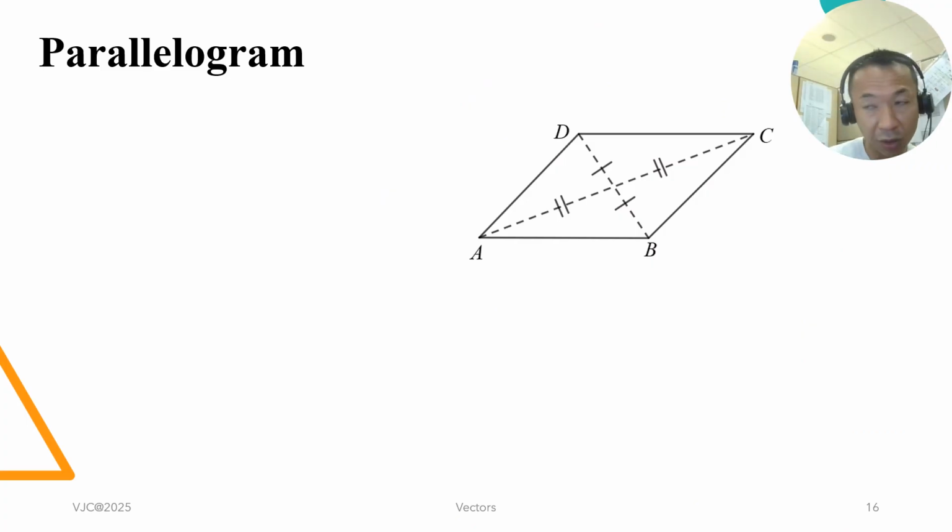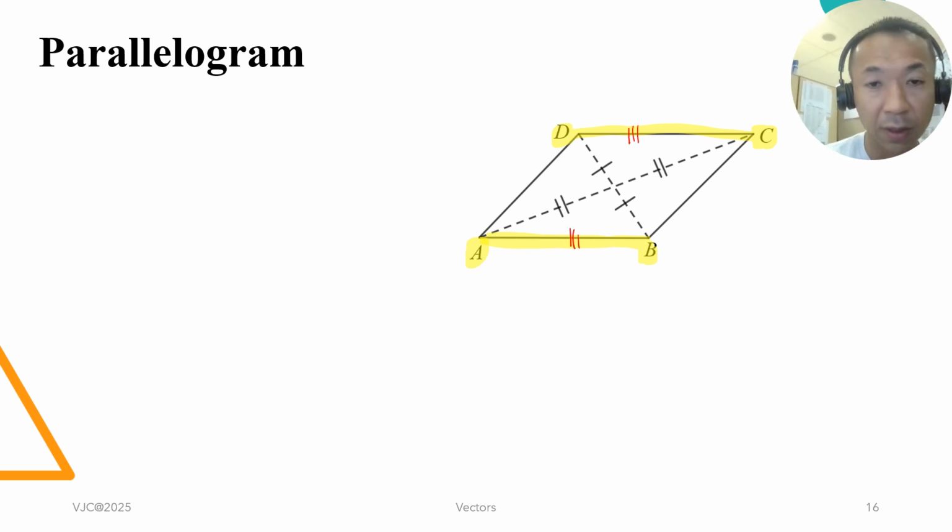If you have a quadrilateral like that, ABCD, how do you show that it is a parallelogram? It's only a parallelogram if, for example, this vector AB must be parallel to this vector DC, and furthermore, not just parallel, but they must also be equal in length.